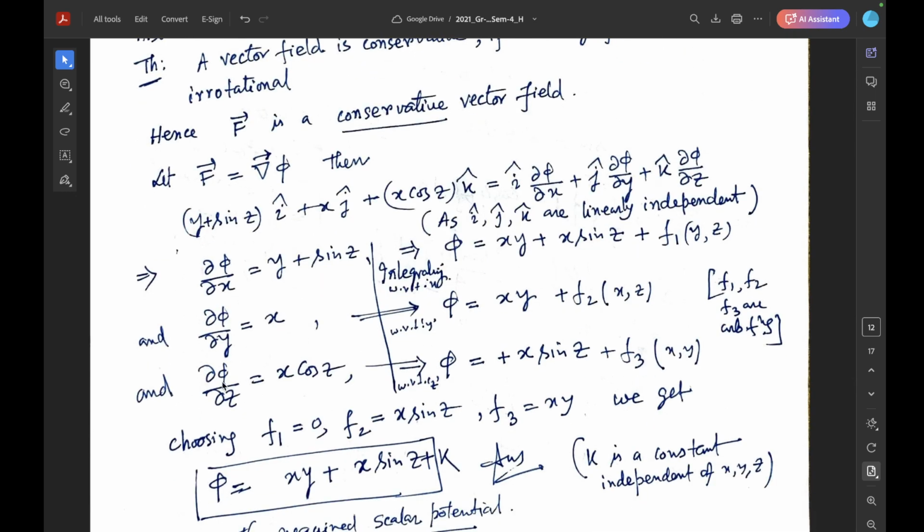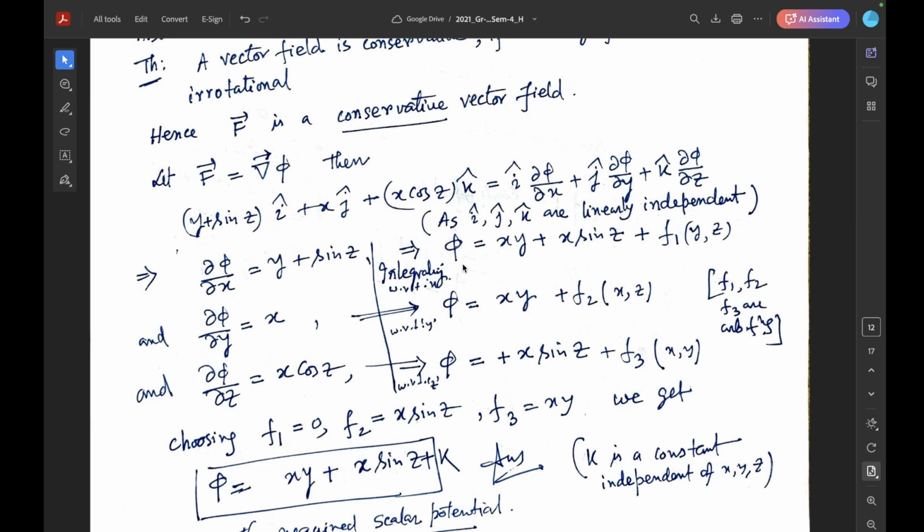And from the third, integrating x cos z with respect to z, we get phi equals x sin z plus f3, where f3 is an arbitrary function of x and y.